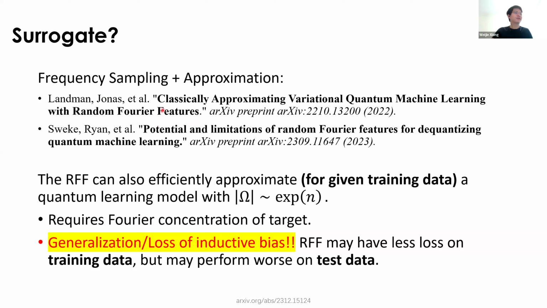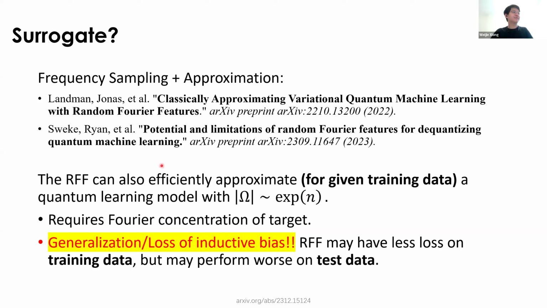It was initially proposed for classical machine learning, for the classical kernel method. The idea is that although for some targets you have exponentially many frequencies, in certain cases you only need to sample polynomially many frequencies. And with the Fourier features determined by those sampled frequencies, you can approximate your target to a very high accuracy.